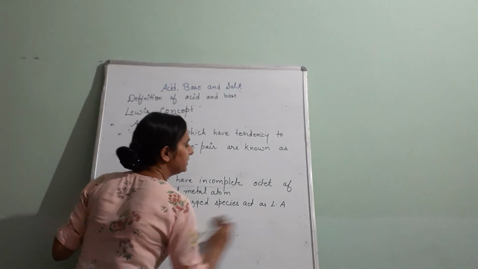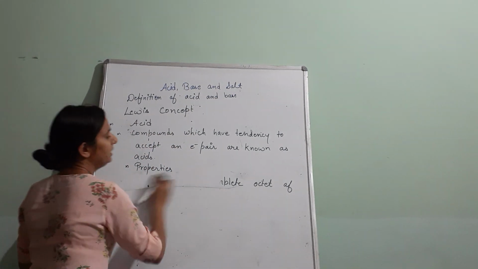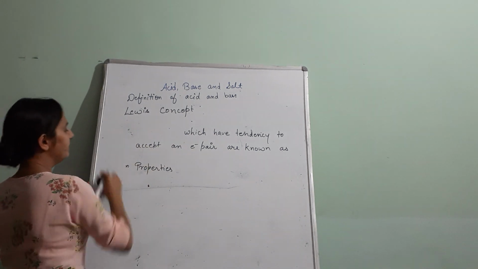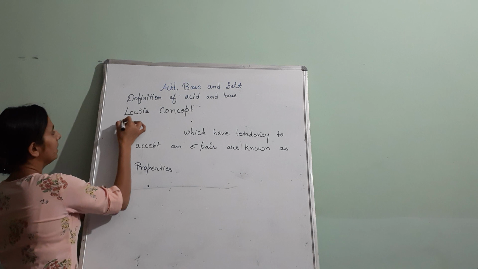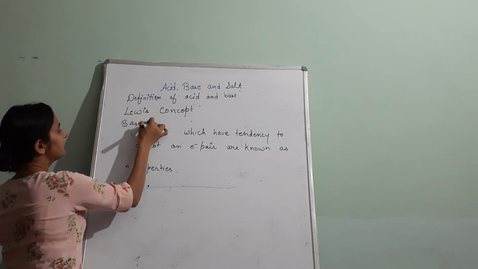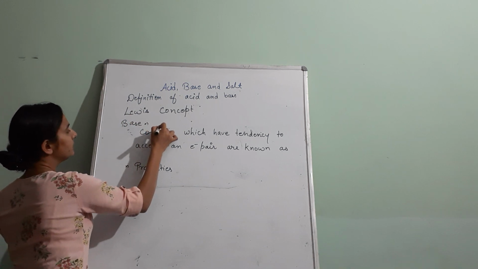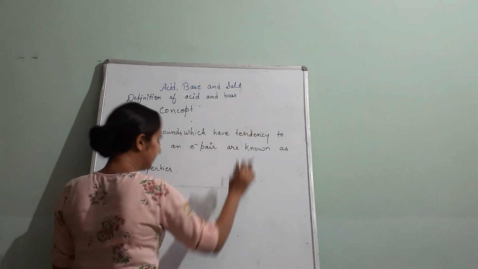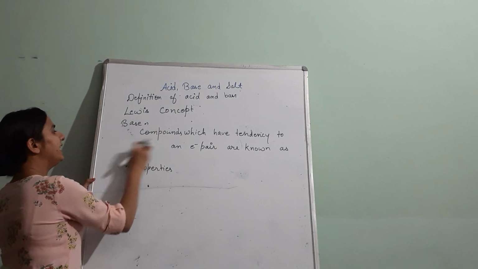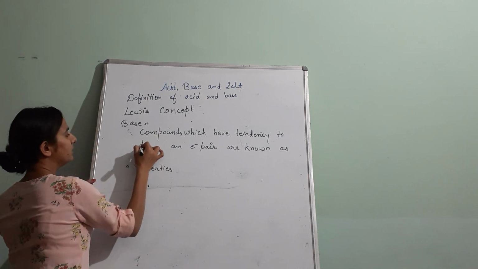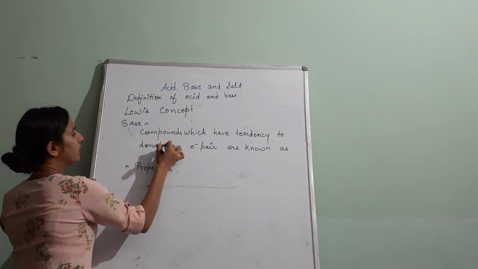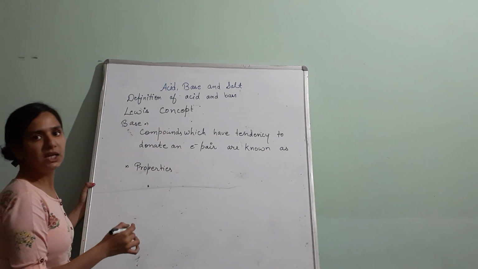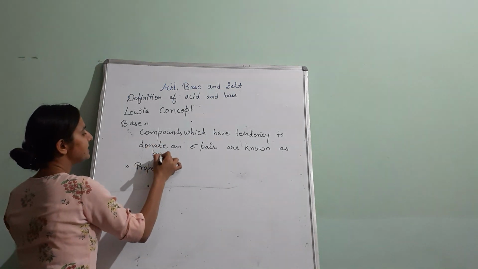Let's start defining base according to the Lewis concept. According to the Lewis concept, compounds which have a tendency to donate an electron pair are known as base.